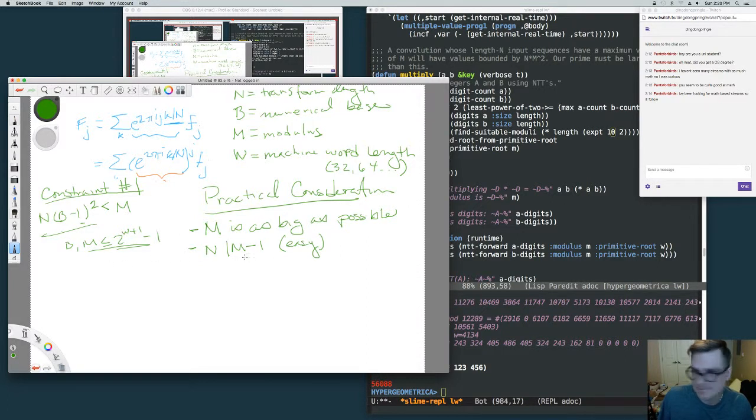So where does this leave us then? What we want is to be able to compute a base that we can suitably use.